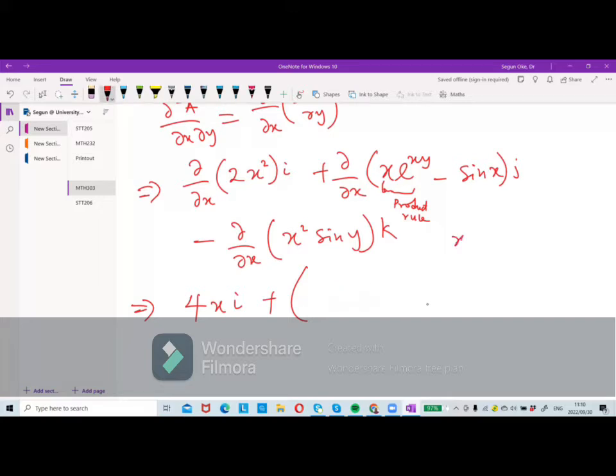Now you have x exponential xy. We have to differentiate it with respect to x. This is my u, this is my v. Are you following me now? The differentiation is v du/dx plus u dv/dx, right?